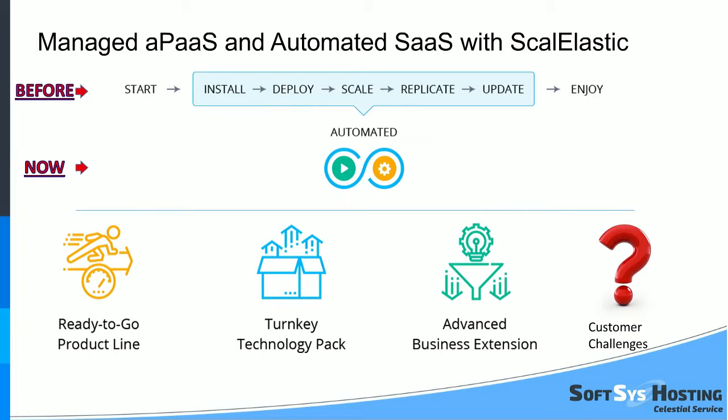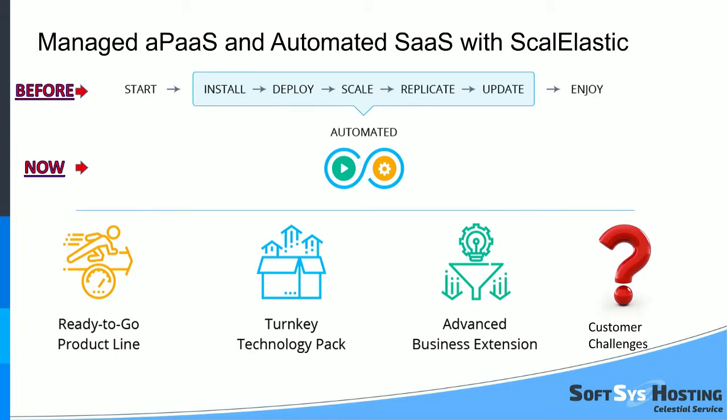So with advanced platform as a service, you can automate majority of the tasks. So how is this achieved? Having a ready-to-go product line with tools and stacks that can be deployed with a single click. Second, having a turnkey technology pack that helps you in automating tasks like deployment.